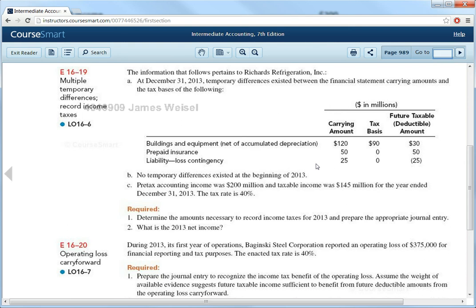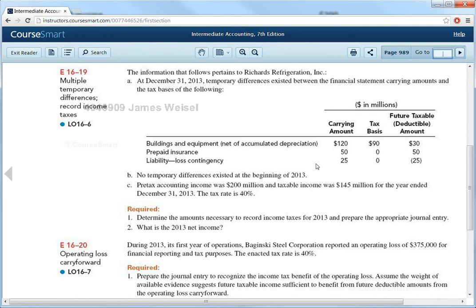So remember back in chapter 13 when we talked about loss contingencies. If we determine that a loss is probable, we will accrue the loss, which means we create the liability on the balance sheet and we deduct the cost of that loss on the income statement, on the GAAP income statement. Once again, this is an example of a difference between tax law and GAAP.